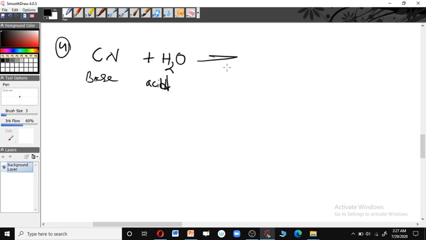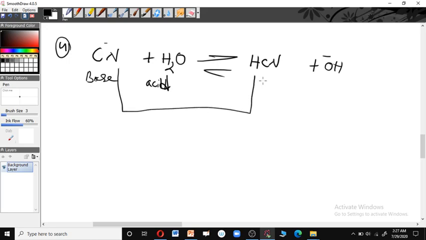When they react, the cyanide has a negative charge, it will go and pick up this hydrogen and HCN will form, and the OH bond breaks and forms. So this cyanide is a base. This base will give the conjugate acid, this is the conjugate acid, and water as the acid will give the conjugate base.